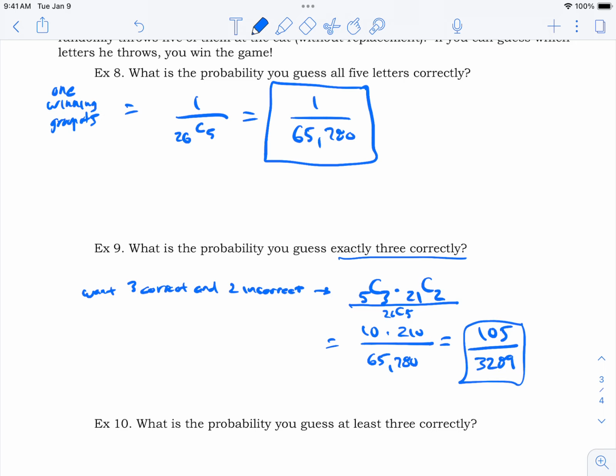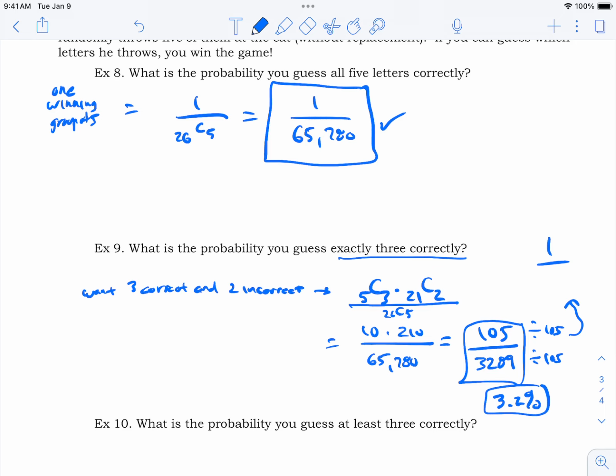That would be the sort of correct answer. If I make a decimal and then turn it to a percent, it's about 3.2% that you get exactly 3 correctly. Okay. Maybe I'll express it this way. Since this is 1 over a number, and I like to think of chances that way, I'll divide the top and bottom by 105 to get 1 in.